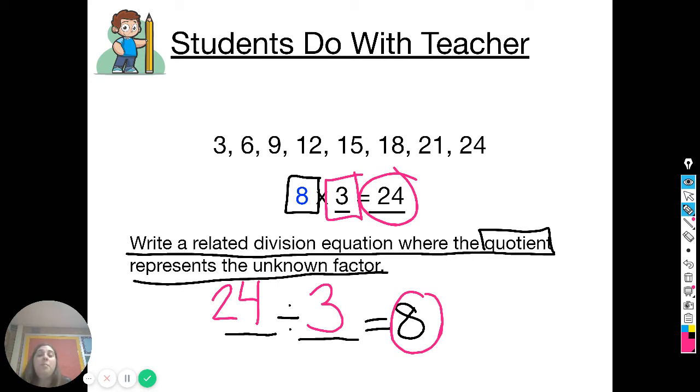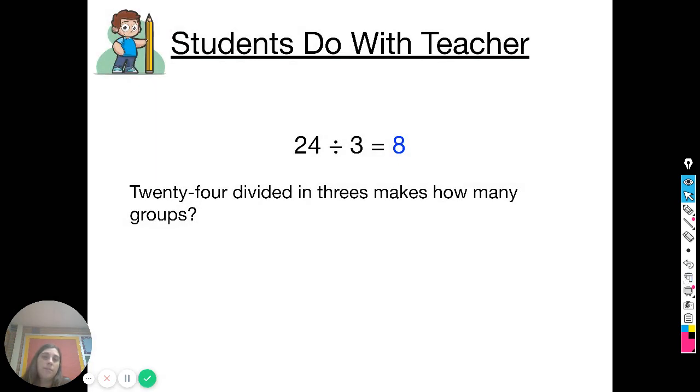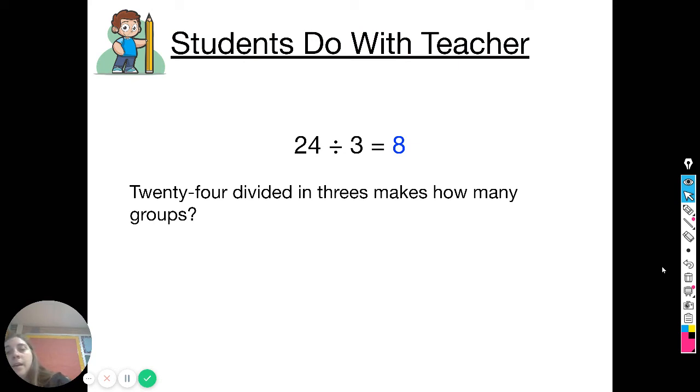And if you think back to our array, and you might still have it on your whiteboard, you have 24 circles. They're divided into rows of 3, and that gives you 8 rows. "24 divided in threes makes how many groups?"